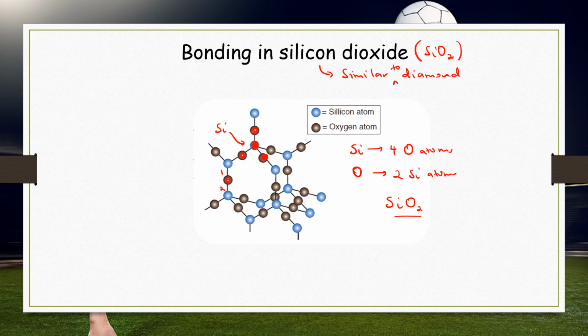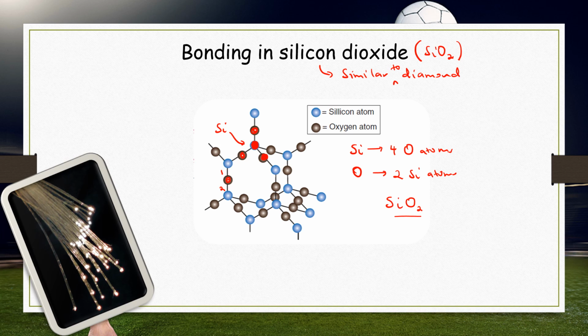So this is how we come up with the structure of silicon dioxide. It's well known for making glass, like I had stated, and also being used in optical fibers. There are many other different examples of giant atomic structures, but we shall only look at these 3.